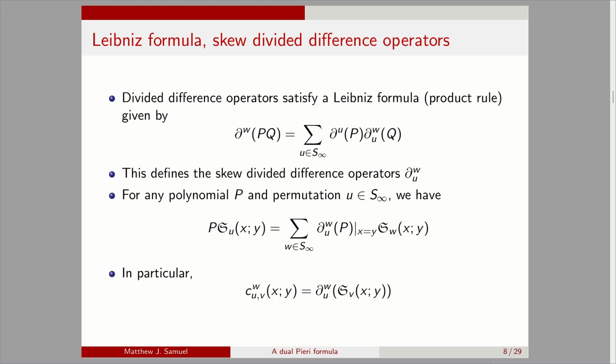So the skew divided difference operators give you the coefficients in terms of the basis of a product of an arbitrary polynomial with a double Schubert polynomial. This in particular implies that c^w_{uv}(x,y) is equal to partial_{uw} applied to S_v(x,y). This will be important later.